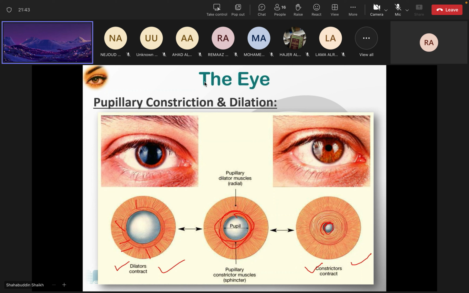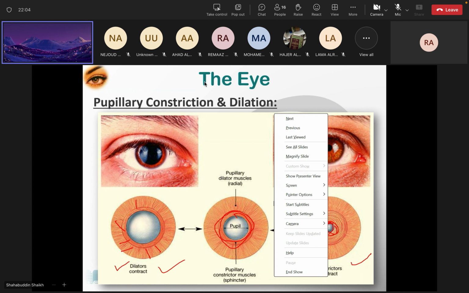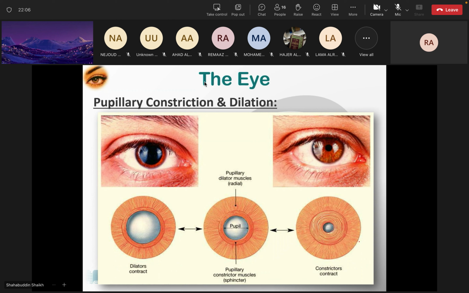So when there is a lot of light, you constrict the pupil. In darkness, you want more light to come in so that you are able to see clearly. This pupillary dilation will occur. So this is our constriction and dilation. Are we clear till this part? Yes, clear, doctor.